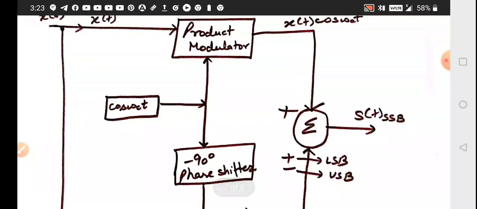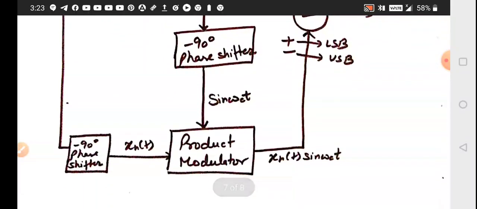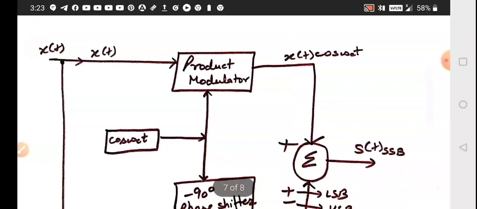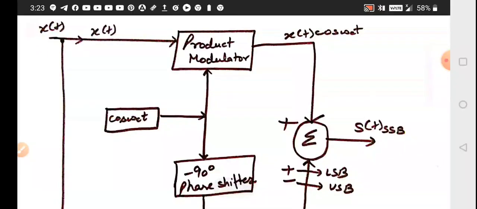We shift the carrier cos omega c t by minus 90 degrees, so we get sin omega c t, and the product gives the Hilbert transform of x(t) times sin omega c t, the second term. Then we add them if we want the lower sideband, and subtract the second part from the first if we want the upper sideband. So this generates the time domain equation of the SSBSC signal, and we get the SSBSC signal.